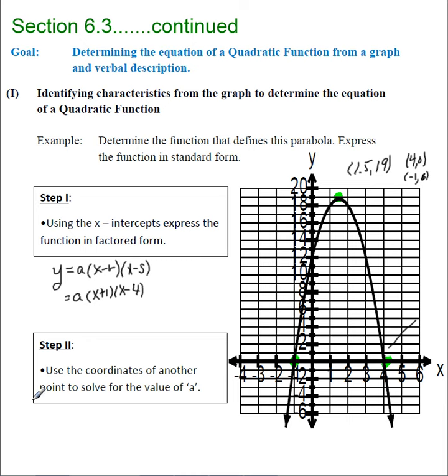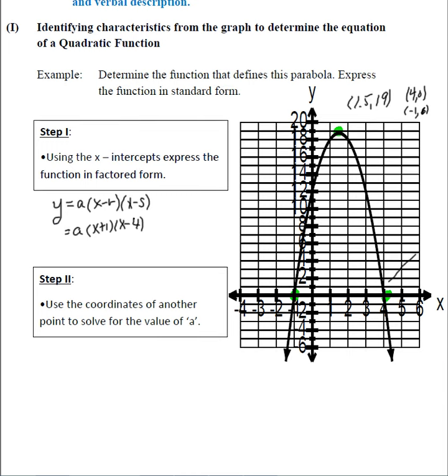In step 2, we use the coordinates of another point to solve for the value of a. So we have this much right now. We could replace x and y with numbers that we knew were on the graph.